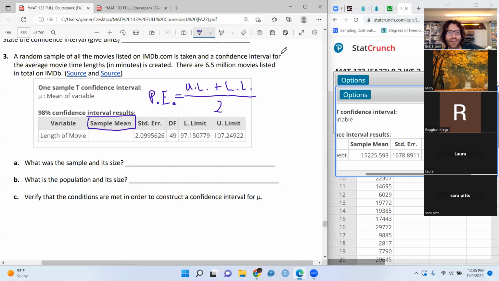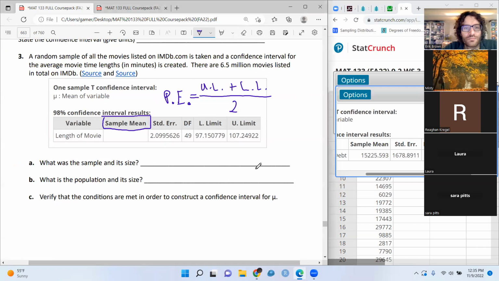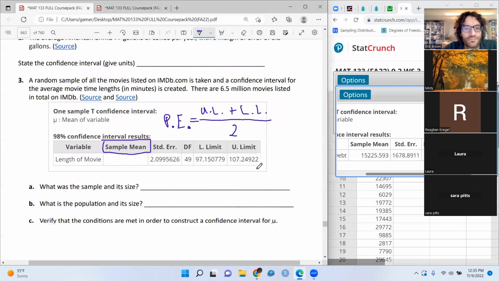We'll give you a hint. It starts with an S. It's part of the title of this class. Center is true. Yes, it's definitely the center. Does that help us with whether or not the sample mean has anything to do with the point estimate? Is it statistic?